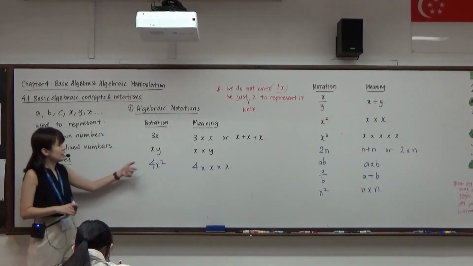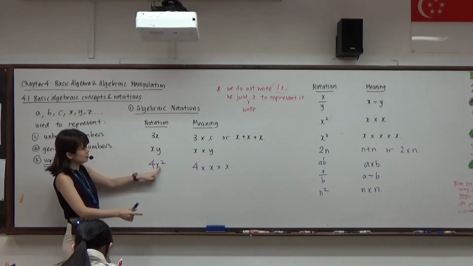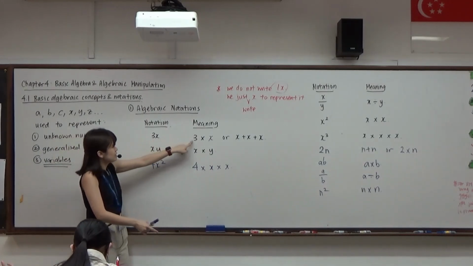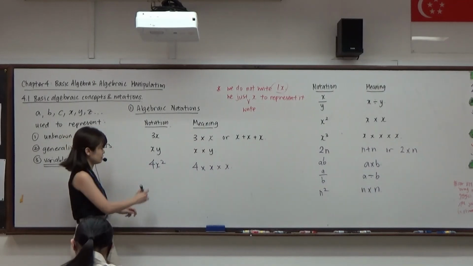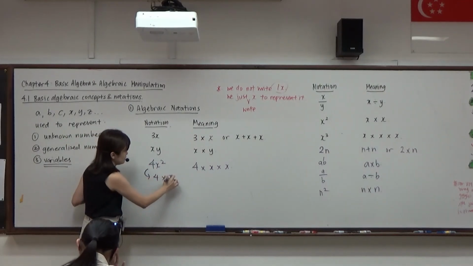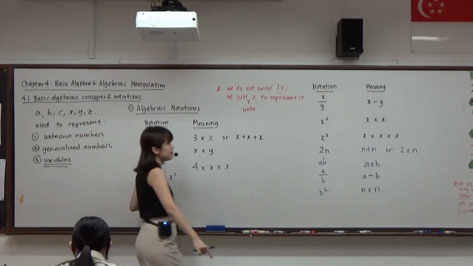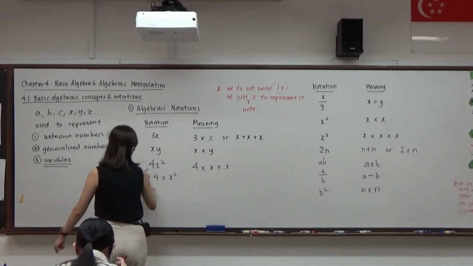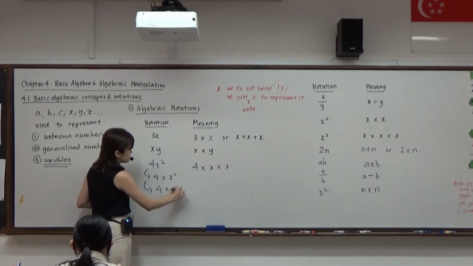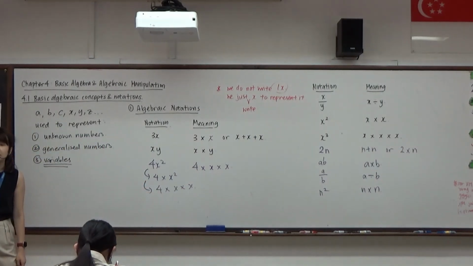If I have a number beside our algebraic variable, it means multiplication, in this case 4 times x. So by right, it should be 4 times x squared. By logic over here. And we know that x squared means x times x. So to break it down further, it means 4 times x times x. So what Joel said is correct. 4x squared means 4 times x times x.